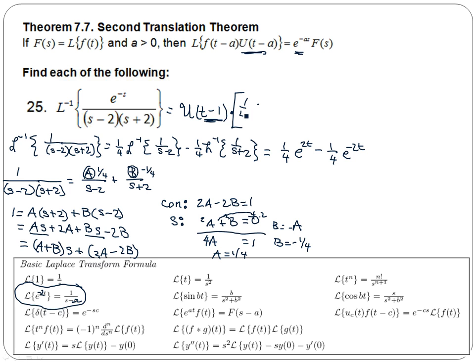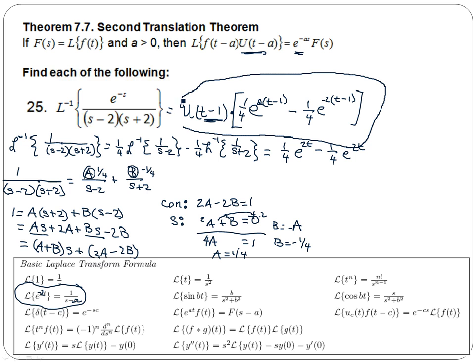I'm going to get 1/4 e to the 2 times (t minus 1) minus 1/4 e to the negative 2 times (t minus 1). And there's my answer.